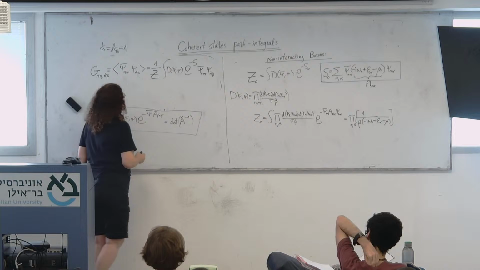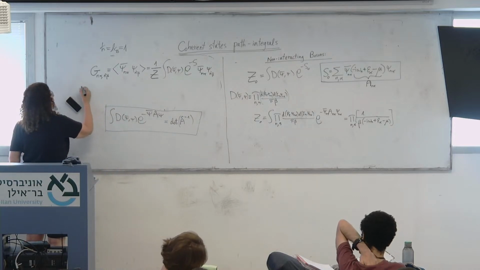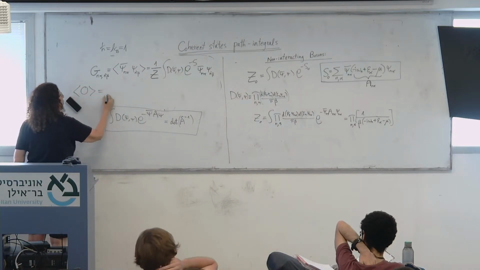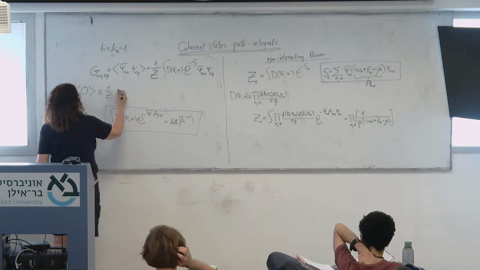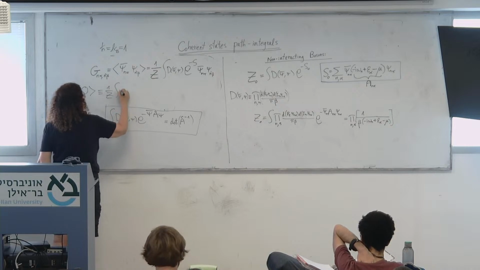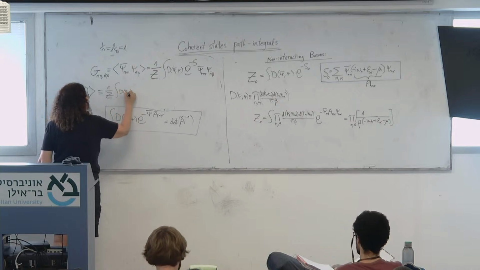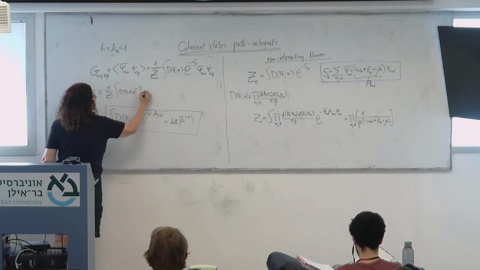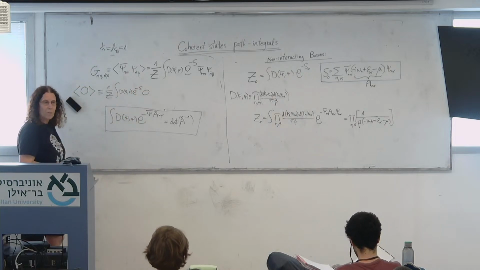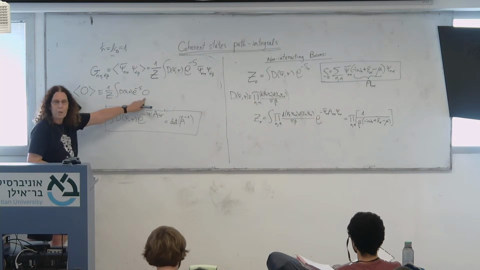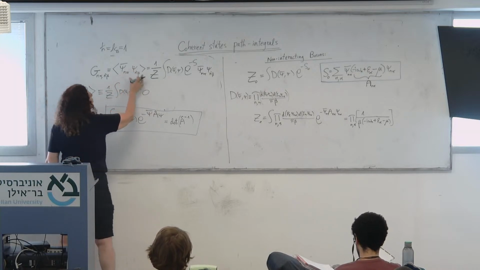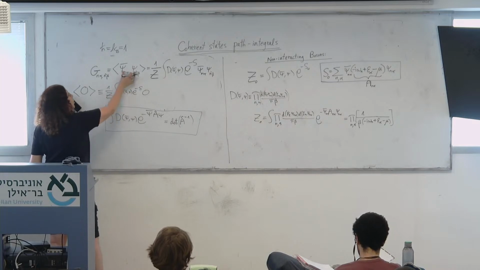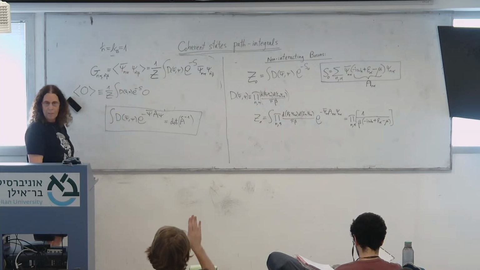Okay, so the definition for any operator, the expectation value is defined as 1 over the partition function times the integral of the action times the operator. That's just the definition of an expectation value, right? And here the operator that I want to average over has to do with this combination of fields.